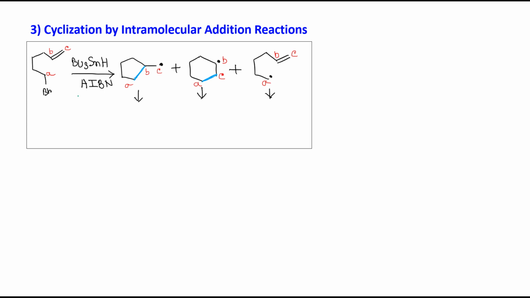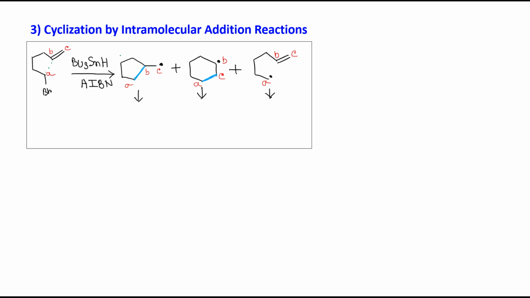Now A, B, C, I have marked three carbons because radicals can be generated in any of these positions. It is not that all three will be generated in equal amount; there will be different percentages. Now this 5-member ring that you are seeing, where A and B, these two carbons, are connected, the radical will be on C. This will give you the major product.